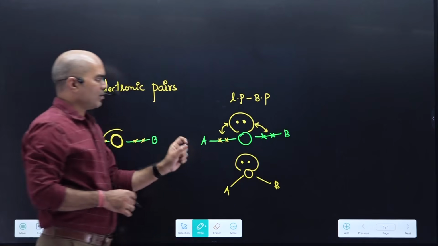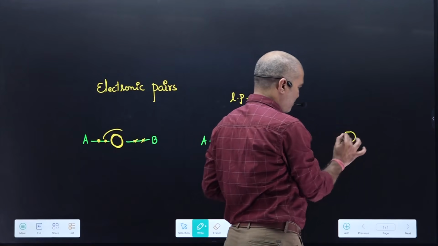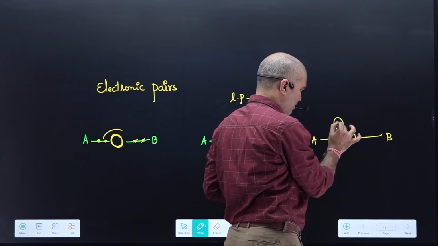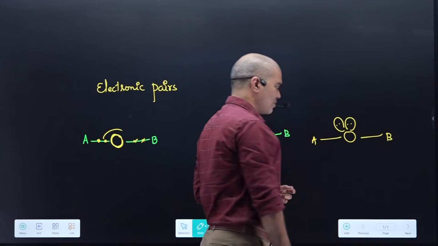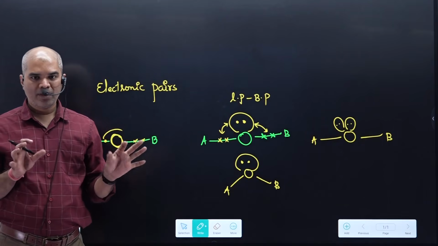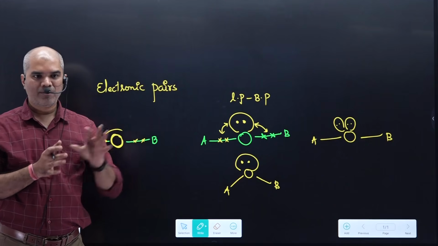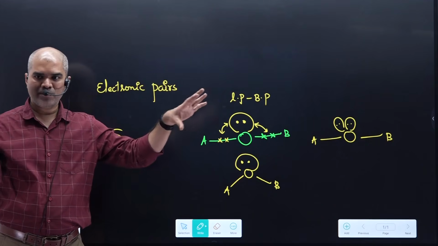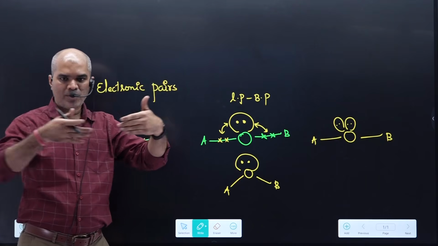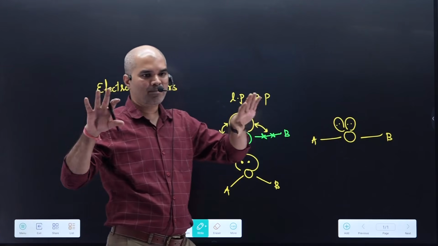Okay, now there are two local leaders. Both of them always fight with one another. Will they be very close? Two localites, two different groups, will they be together? No. One wants one domain, the other wants another domain. They want to occupy maximum space. They don't want to come into each other's space, they want their own separate space.